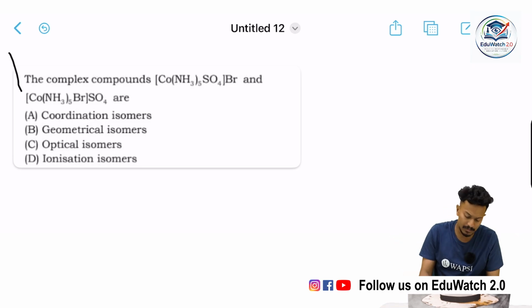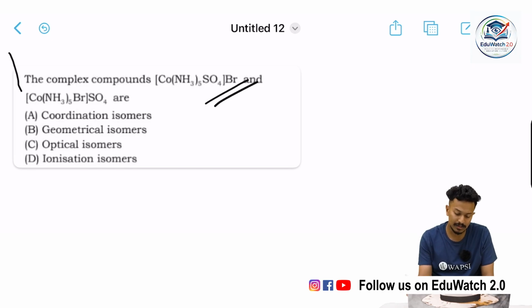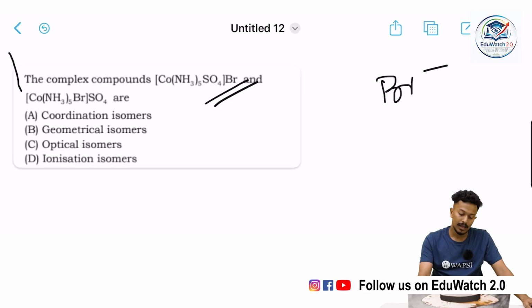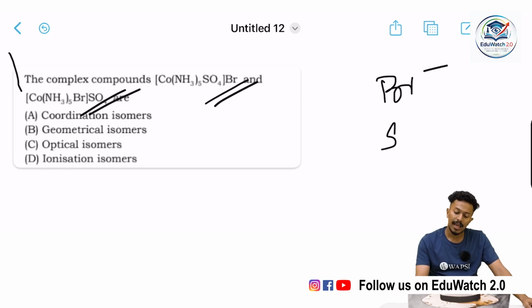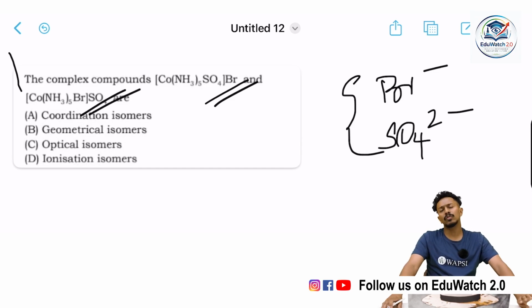Well, it's easy to find out that these are all ionization isomers, because on ionizing the first we get bromide as the ion, and with the second we get SO4 2 minus as the ion. We do know that both have the same chemical formula but give out different ions on ionization.